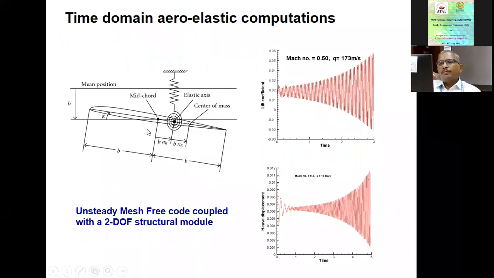It is a simple model: you have an oscillating aerofoil with 2 degrees of freedom. Here we have to keep track of a 2DOF structural module, which is coupled with an unsteady 2D CFD code. In the present case, the 2D CFD code was our MeshFree code, which is an unsteady code. I have not explained the unsteady part of it, but it is similar.